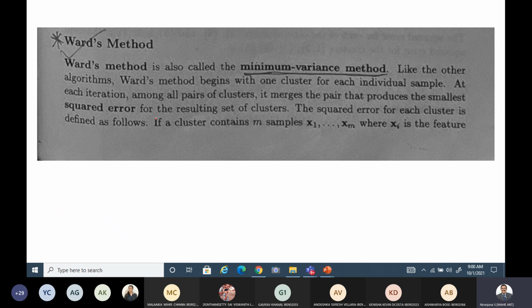So once we discuss further steps, let us consider that there are m samples. If the samples are represented with the vectors x1, x2, etc., say m vectors, one of the feature vectors you can refer to as xi.